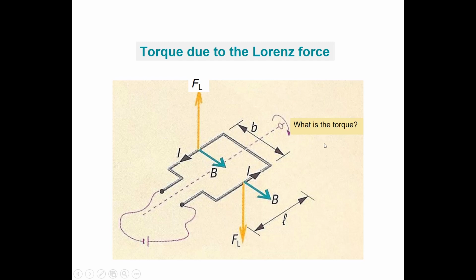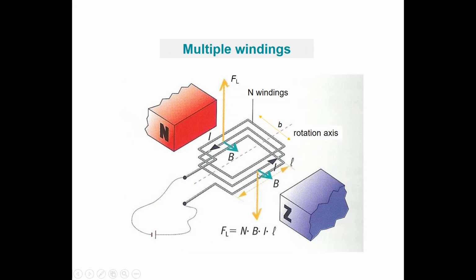So the total torque is equal to 2 times FL times B over 2, which is FL times B. Note that the Lorentz force can be calculated by B, which is the magnetic field, times I, which is the current flowing in the winding, times the length of the wire L. When we have multiple windings, we have a Lorentz force which is N times B times I times L.